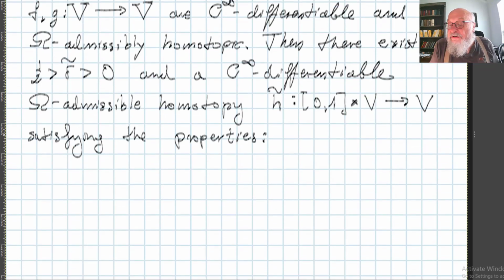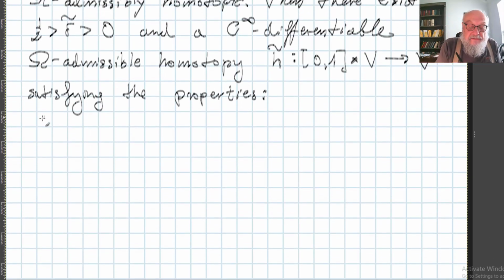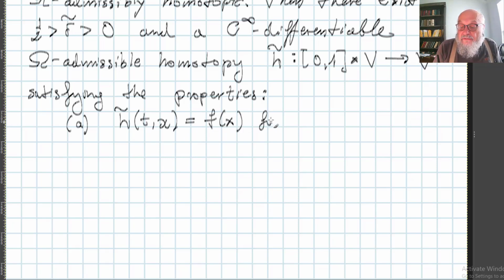The first property, call this one A, is that H tilde of t of x is equal to F of x for 0 smaller than t smaller than delta tilde and x belonging to omega closure.